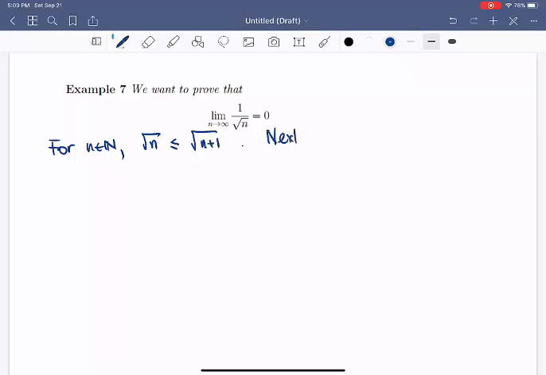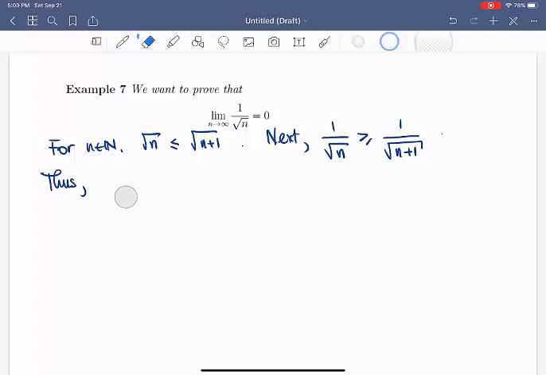Next, this means that 1 over square root of n is in fact greater or equal to 1 over square root of n plus 1. Thus, the sequence 1 over square root of n is decreasing.